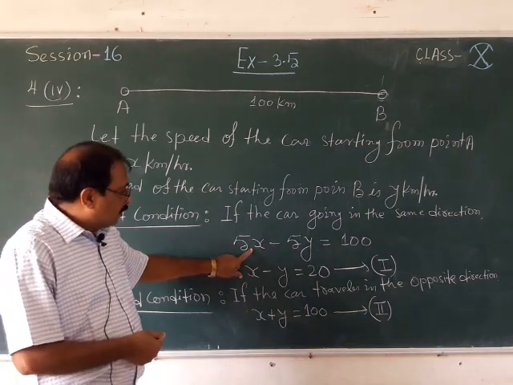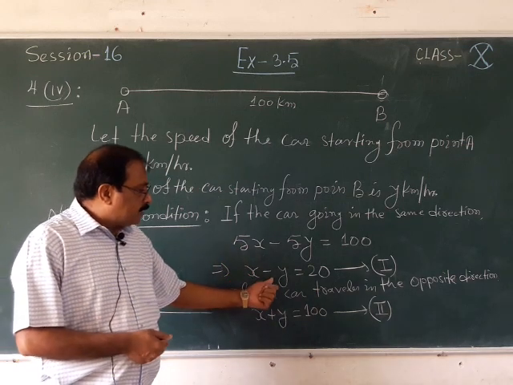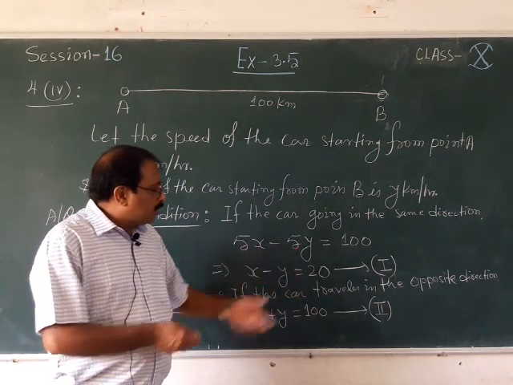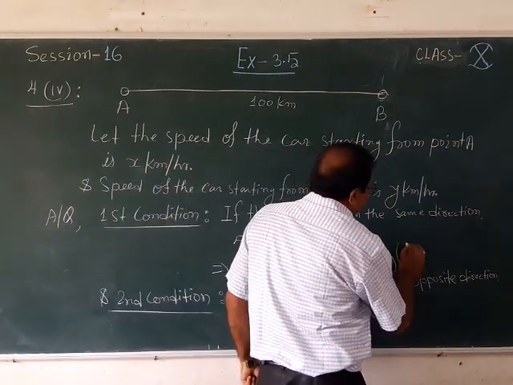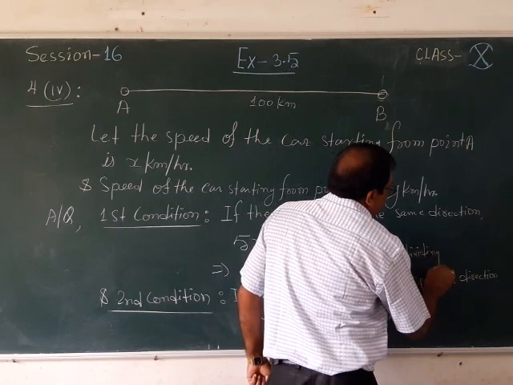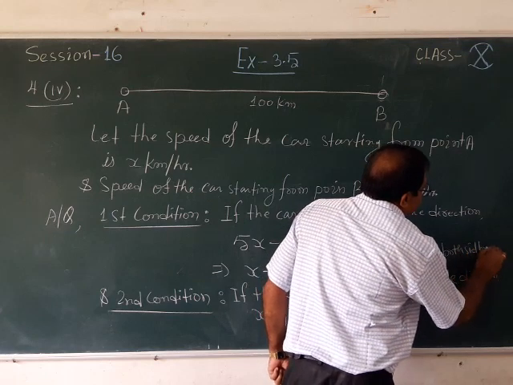In the first equation the distance was 100 kilometers, and x minus y is 20 because we have divided both sides by 5.